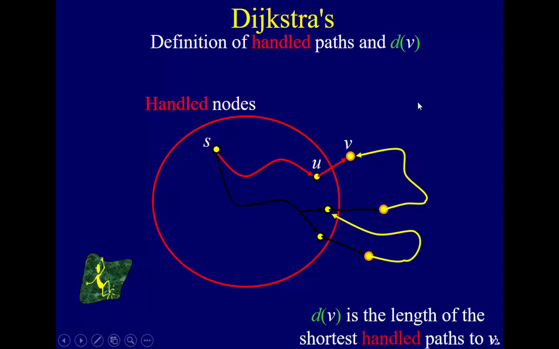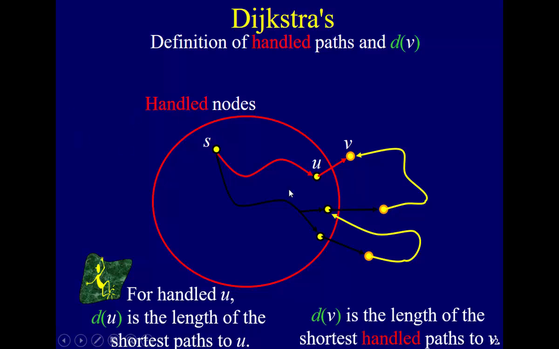And the d values out here give you the shortest handled path, and for the handled nodes, you get the shortest overall path. Right? And so now there's some node here that you haven't noticed yet. So its d value is infinity.